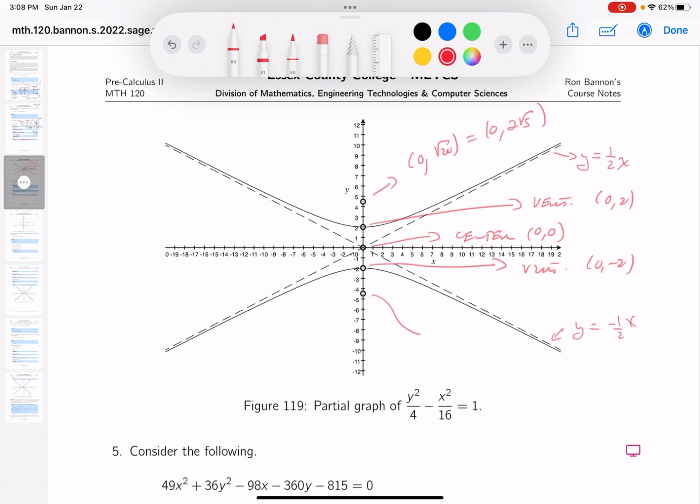Over here, another focus. This is a focus, by the way. And that focus is going to be 0, minus root 20. Or if you prefer, 0, minus 2 root 5. All right? And that's the picture. I like their picture better, by the way. The machine did it. Thank you.